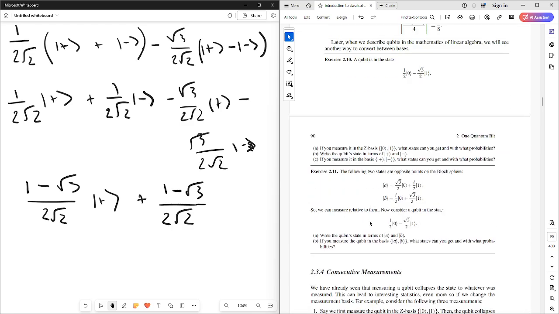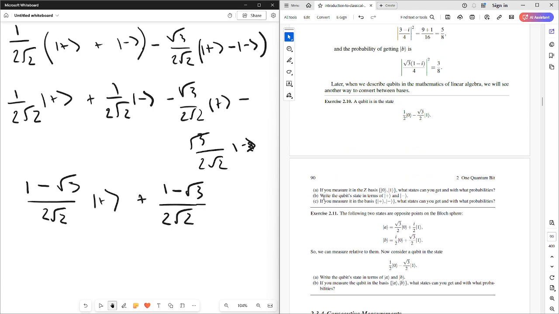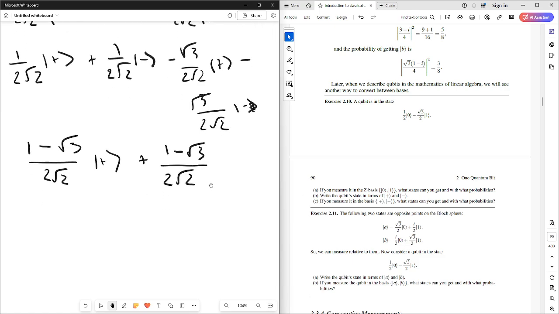Okay, so that's part B, writing the qubit state in terms of plus and minus. Now, once we measure in plus and minus, what do we get? Well, norm square everything. Hang on.